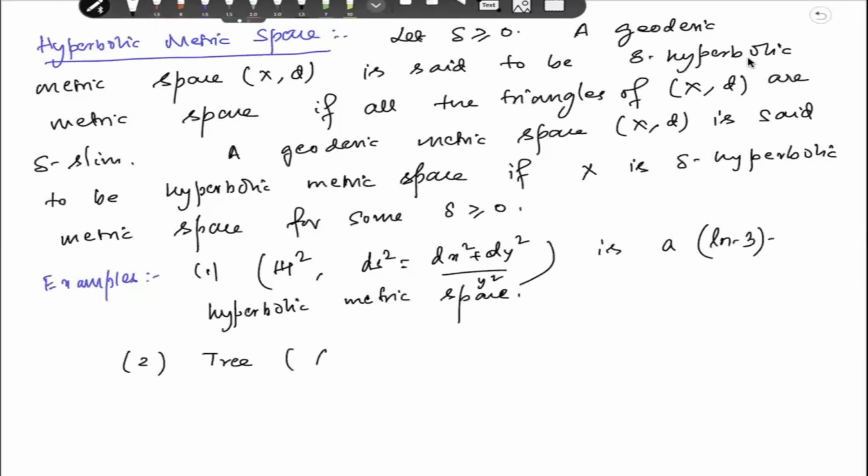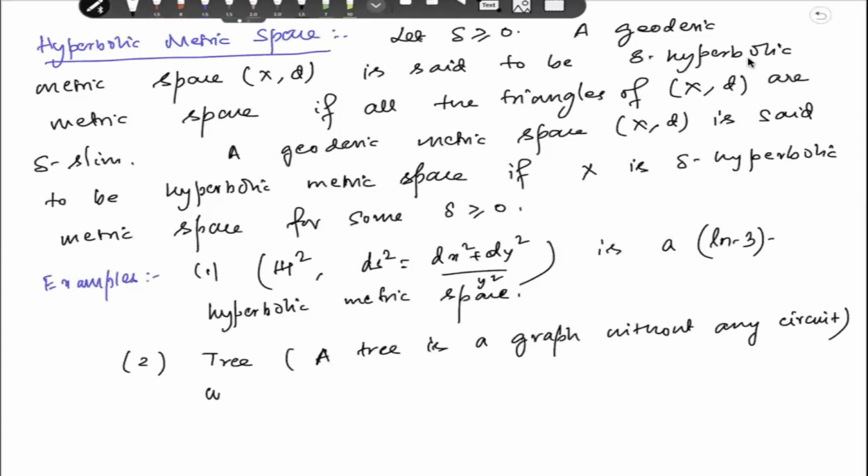A tree is a graph without any circuit. And what is the metric on this tree?